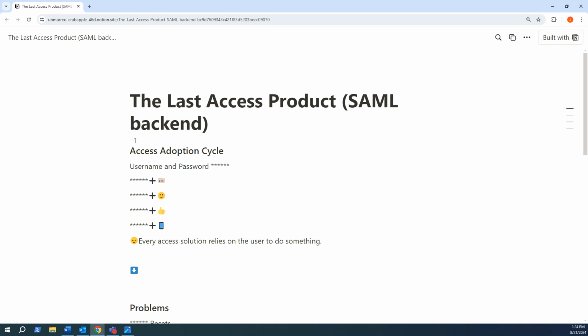So the first part of this presentation is the access adoption cycle. As I have mentioned, there's always an adoption cycle, or always some new technologies that we seem to want to adopt because one might not be sufficient compared to the previous access product that we used to have. So let's start off with username and password, and of course everybody knows that's not good enough.